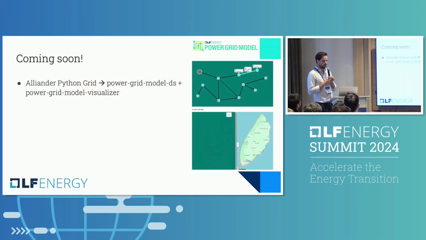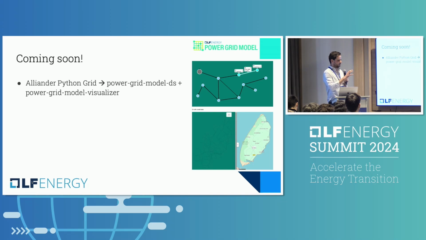And there is a nice teaser for you, because Alliander Python Grid is now Alliander internal, but we are working on open sourcing it and splitting it up into two different projects. One is Power Grid Model DS, so data science. So that's actually what Alliander Python Grid itself is.